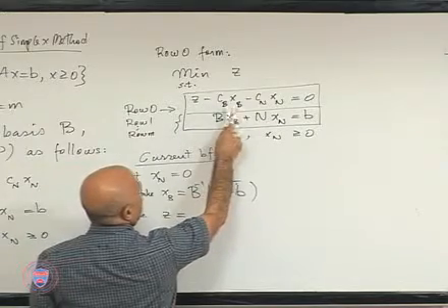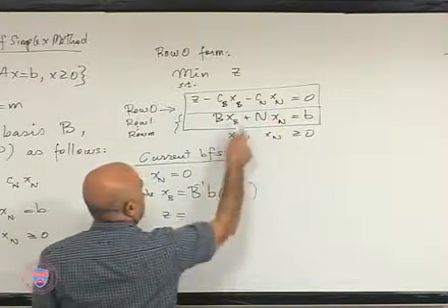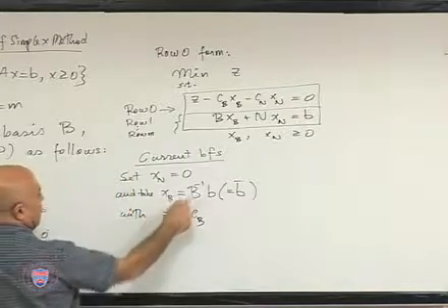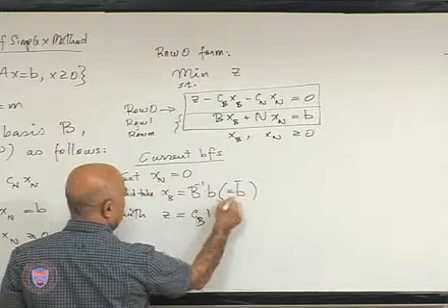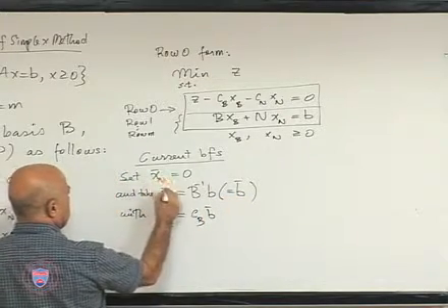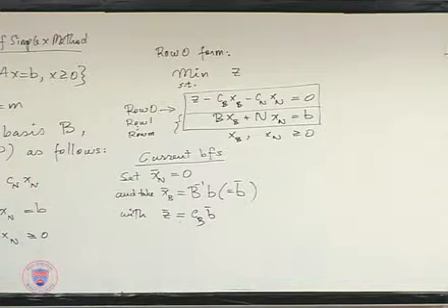Z is equal to CBXB plus CNXN. XN is 0, so it will be CB times the XB vector, which is B inverse b or b bar. Okay? And because this is a particular solution, let's just mark it as xB bar and z bar. It is the current basic feasible solution.